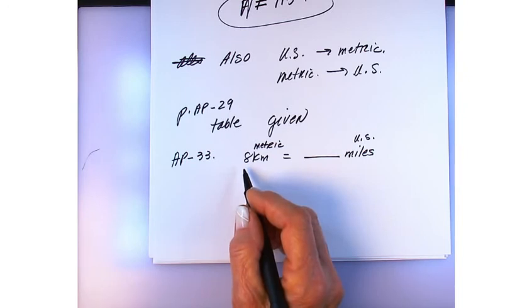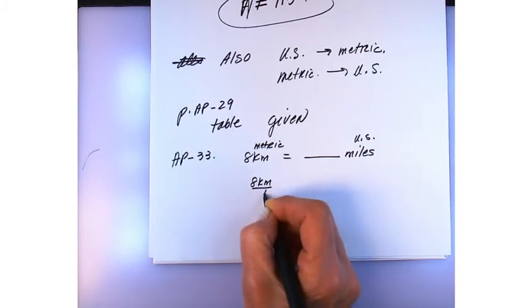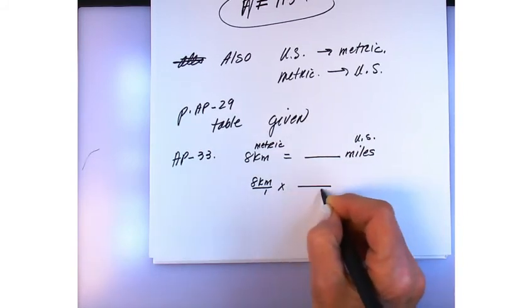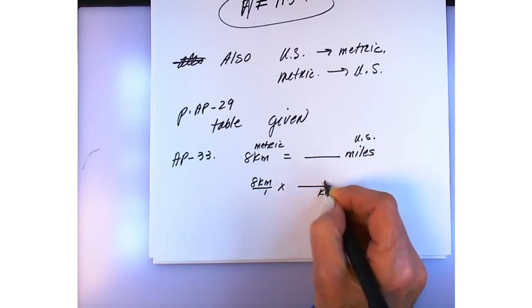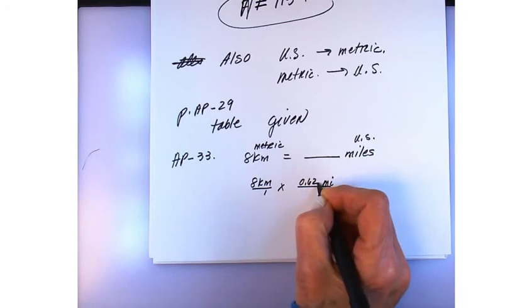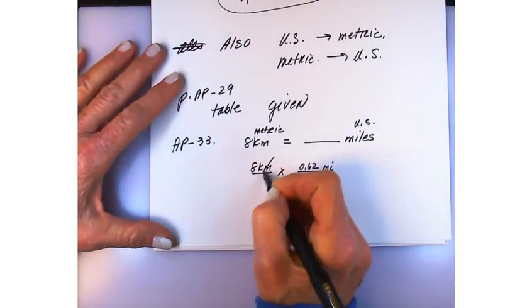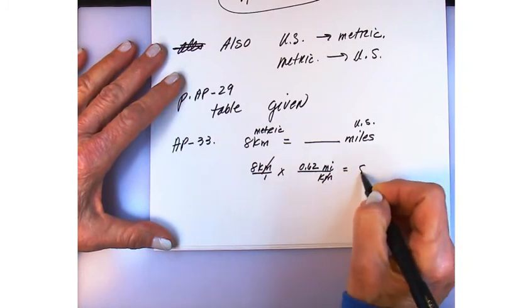What you're going to do is you're going to do your conversion as we've been doing. 8 kilometers, out go the kilometers, in come the miles, and it says it's 0.62 miles per 1 kilometer. Kilometers cancel.